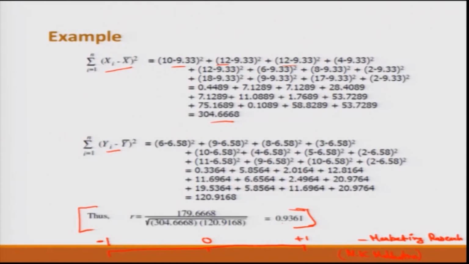If I divide this further, at 0.5 and minus 0.5, if this is more than 0.75, they say that this is strong positive. So, this exhibits strong positive correlation.